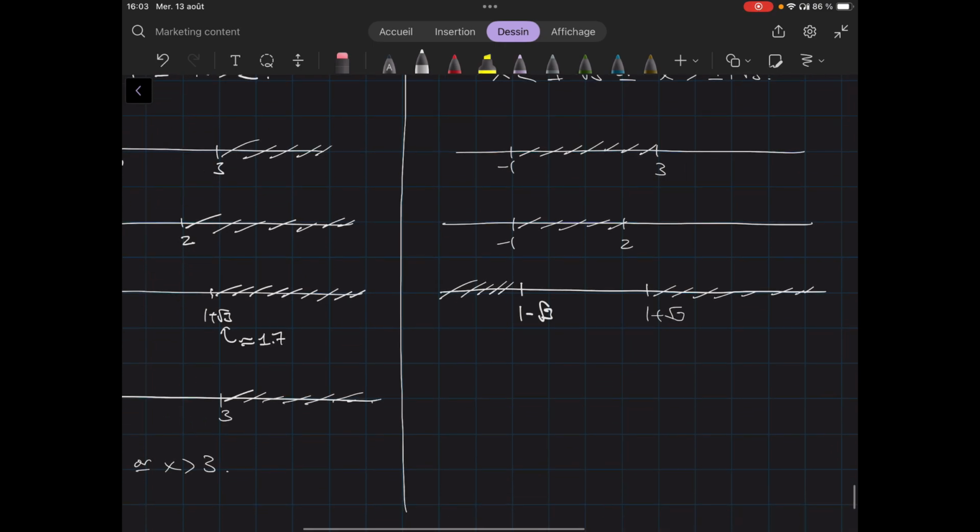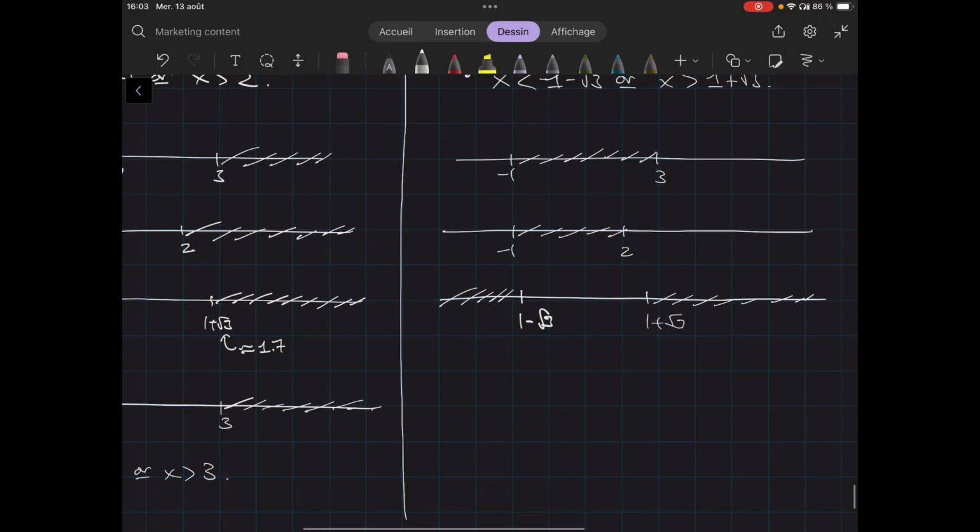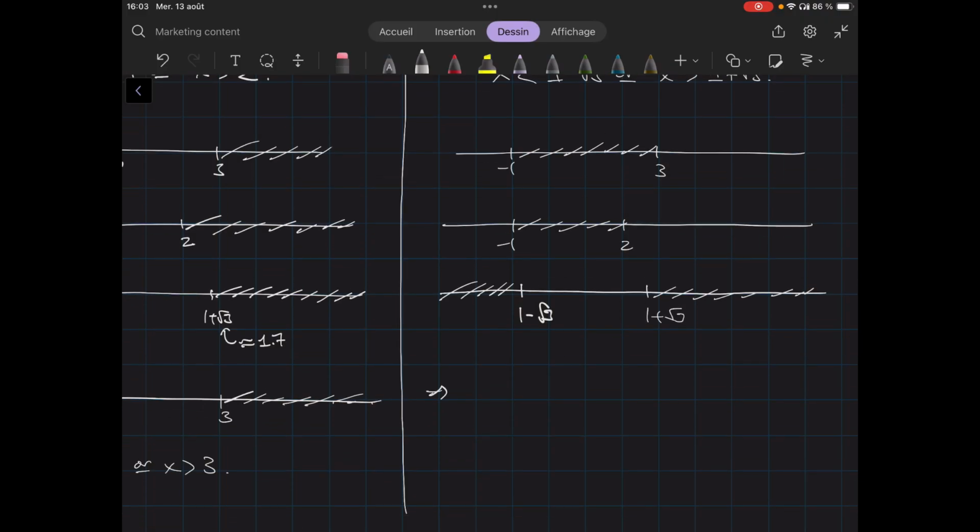So what values of x do they all have in common? Only the tiny part between negative 1 to 1 minus root 3. That's the only part that they have in common.